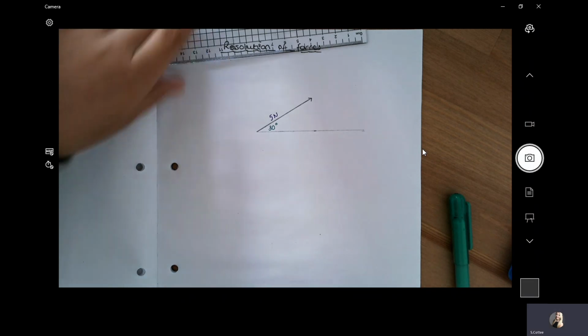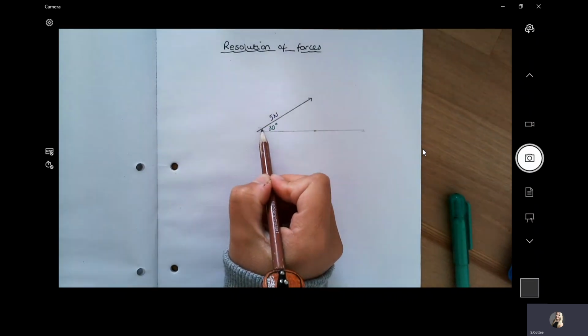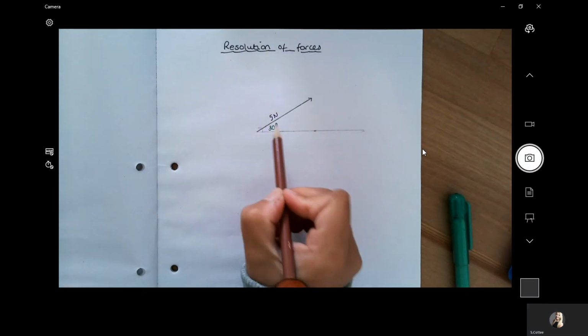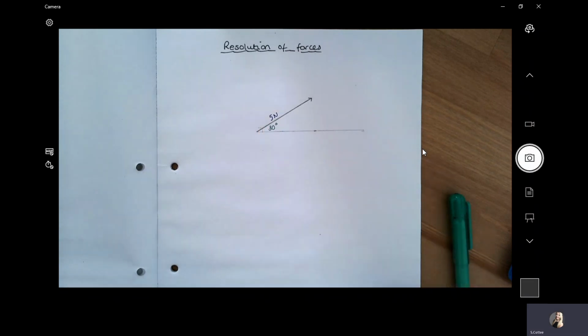Now I'm also going to have a vertical component. If this has to be a right angle in this corner here, and that's 30 degrees, then that means that the angle on the other side of this must be 60 degrees. They've got to add to be 90.